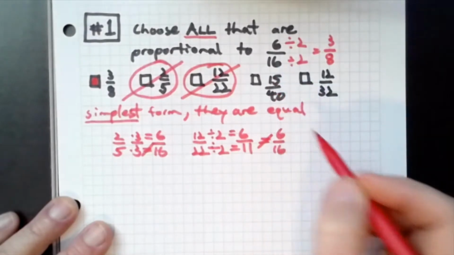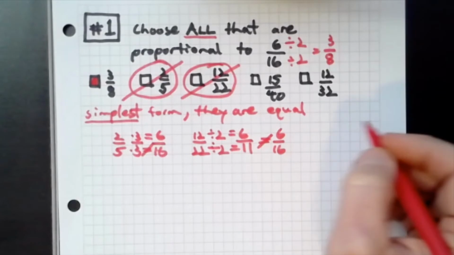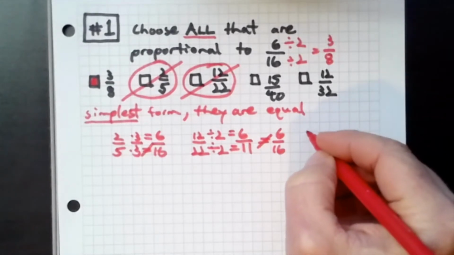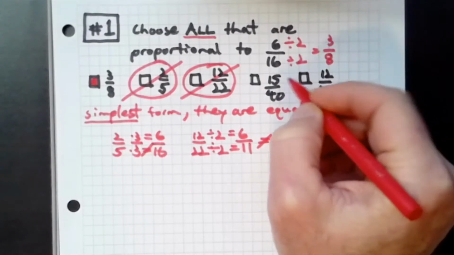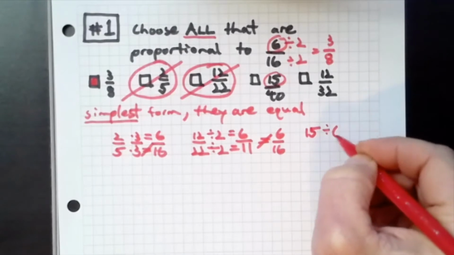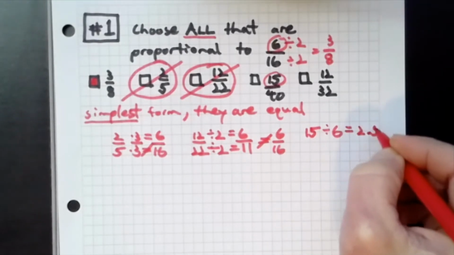Let's check out 15/40. If I get 15 and divide by 6, the reason I do this is to find what's that common multiplier, 2.5.